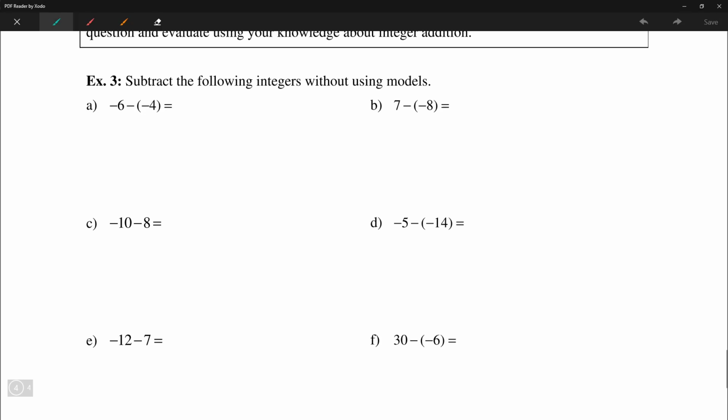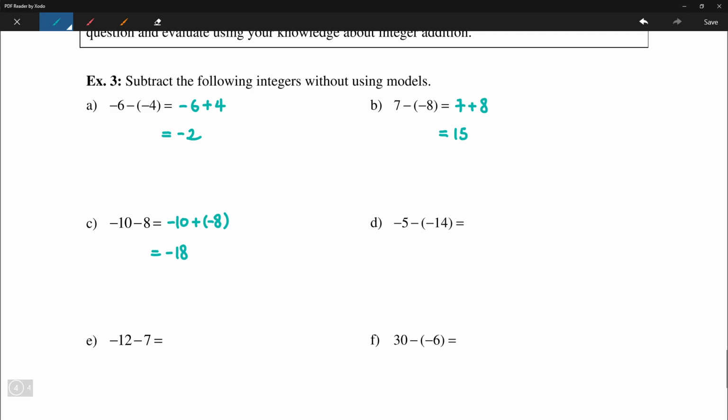It says -6 minus -4, so that would be the same thing as -6 plus 4. So that simply is -2. 7 minus -8 is the same thing as 7 plus 8, which is 15. -10 minus 8, we can rewrite as -10 plus -8. So that would be -18.